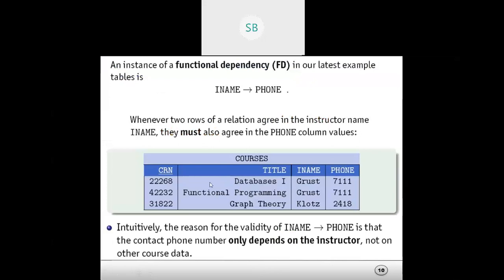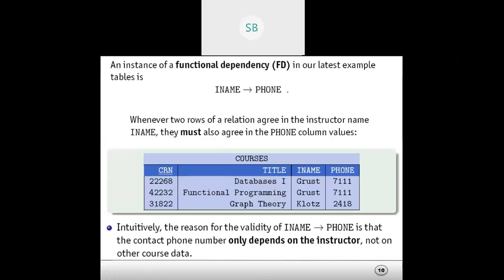So here is an example again of a functional dependency: I name uniquely determines phone. Here you can see in the courses table there is CRN as the course number, title, then instructor name and the phone number. I name is the name of the instructor, so it uniquely determines the phone number of the instructor.